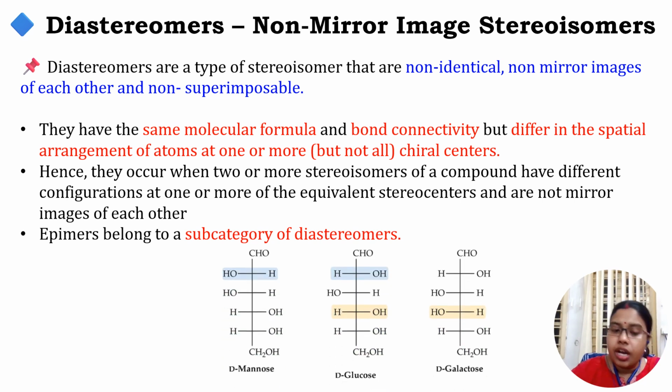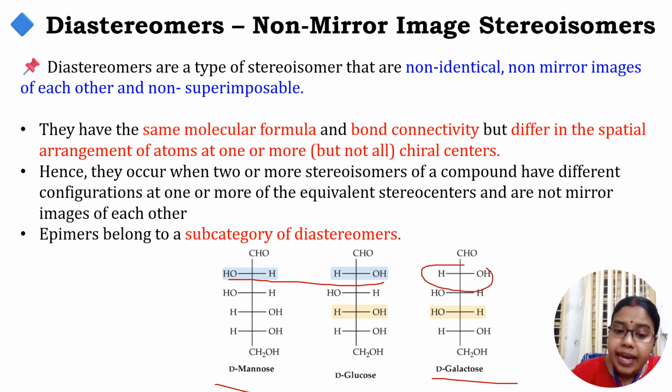Like we already explained, D-glucose and D-galactose are epimers of each other at C4. D-mannose and D-glucose are epimers of each other at C2. But D-mannose and D-galactose are not epimers of each other because they differ at C2 and also C4.